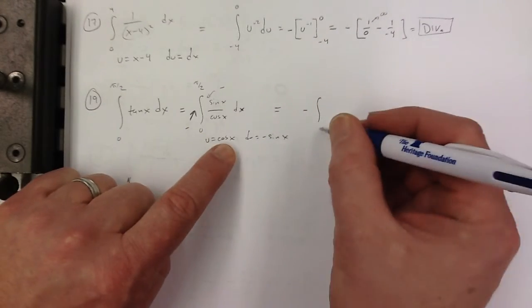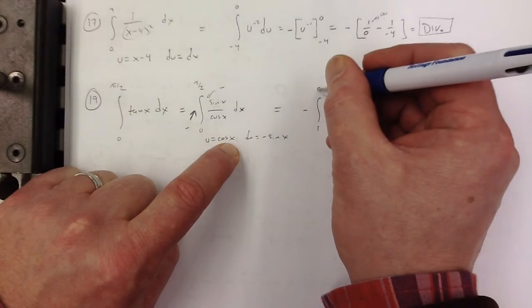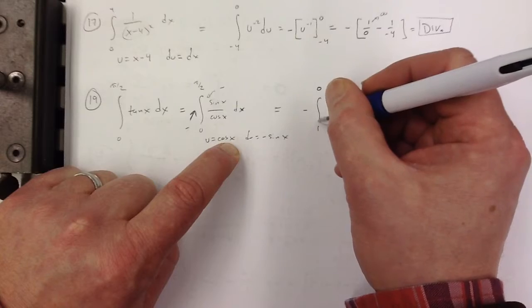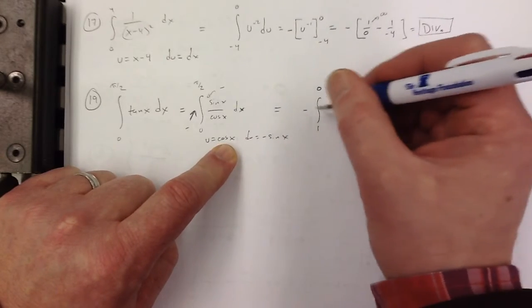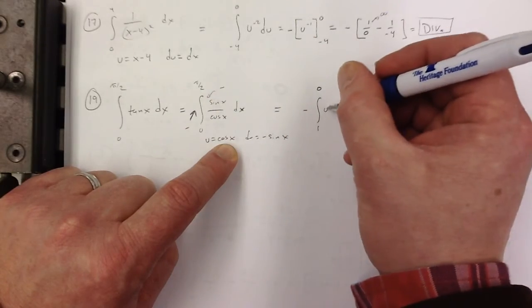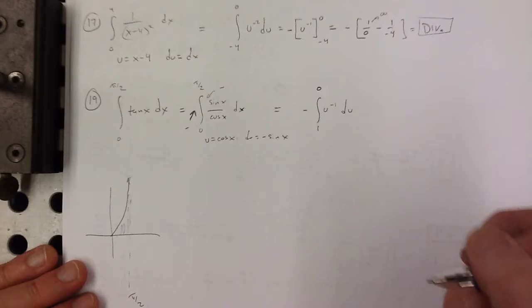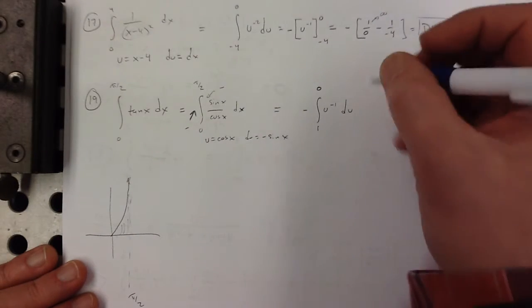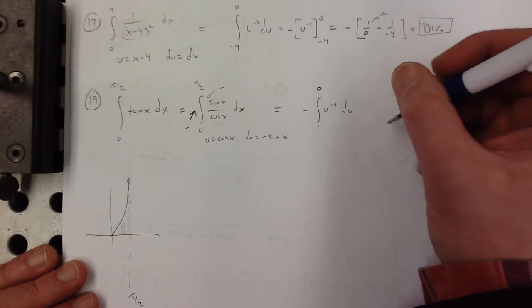So the cosine of 0 is 1, and the cosine of pi over 2 is 0. You could use that negative sign to flip those if you wanted to. Be a nice idea. And then this is u to the negative 1 now, after I do my substitution, du. So what's the antiderivative of 1 over x? Well, that's natural log.